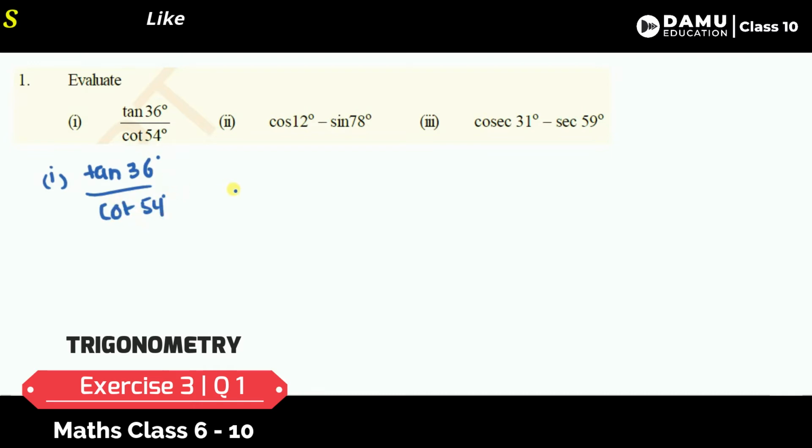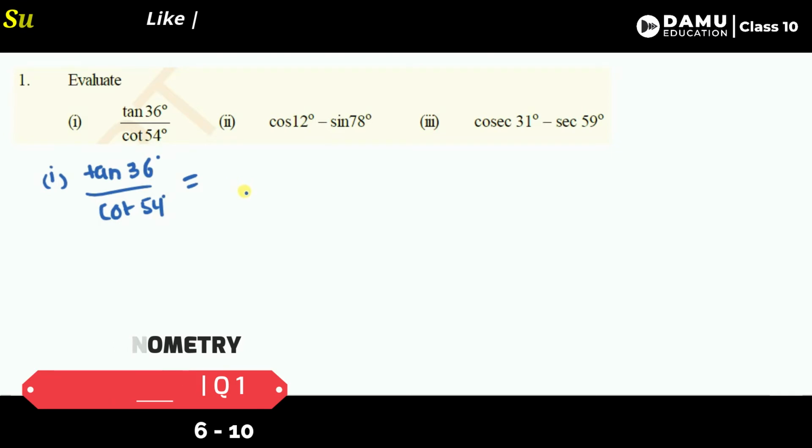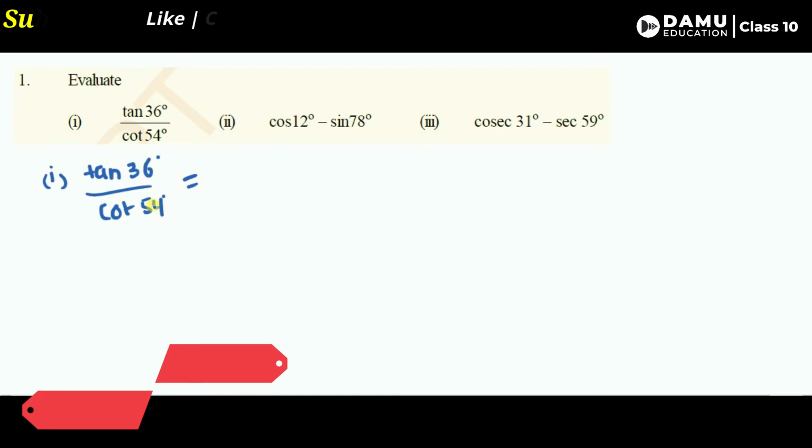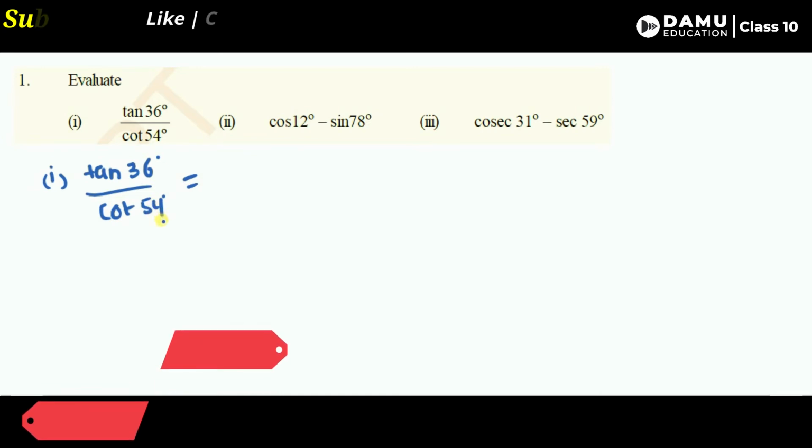We know the formulas of trigonometric functions, so we need to convert tan 36 into the format of cot. We have the standard angles 0, 30, 45, 60 and 90. What angle, if you subtract it from 90, gives 54?